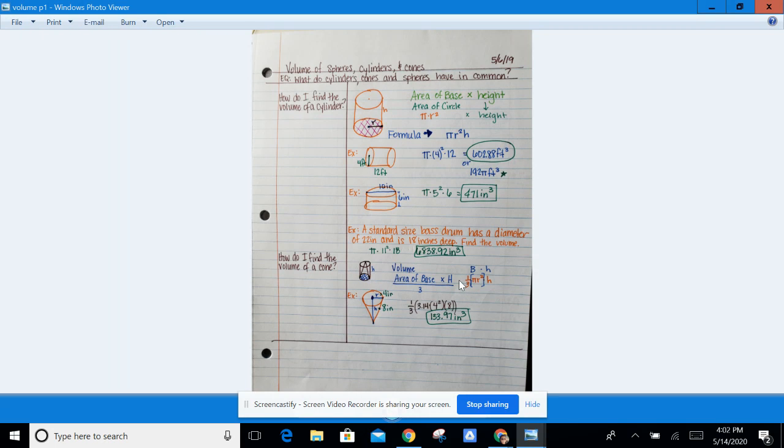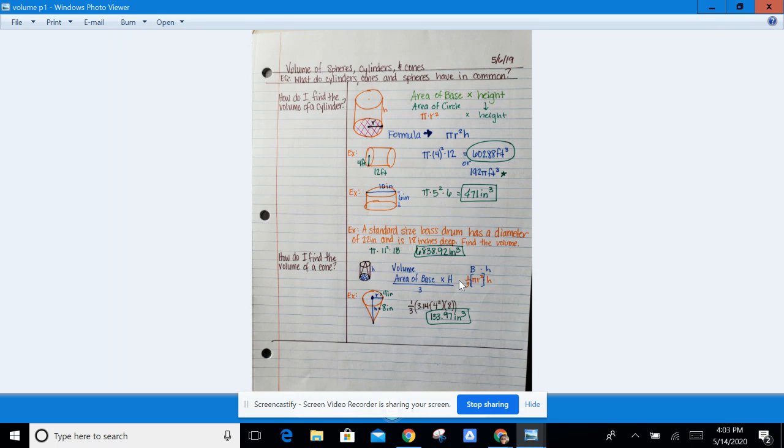But this particular time, with a cone, and I wish I had this to show you, every cylinder fits exactly 3 cones. If you think about a triangular prism and a rectangular prism, a rectangular prism fits exactly 2 triangular prisms inside of it.